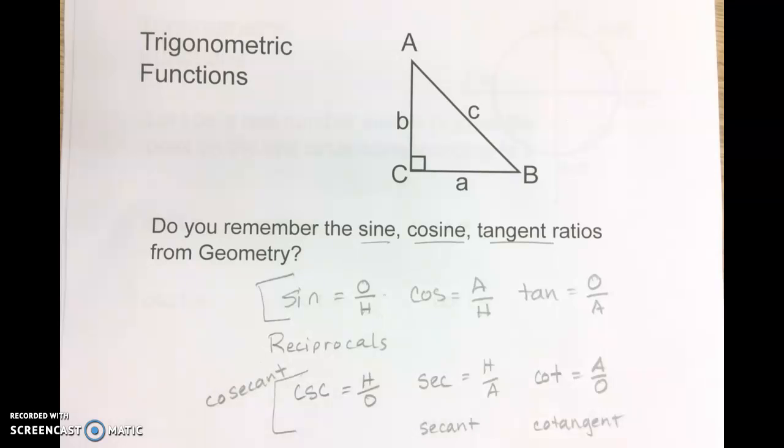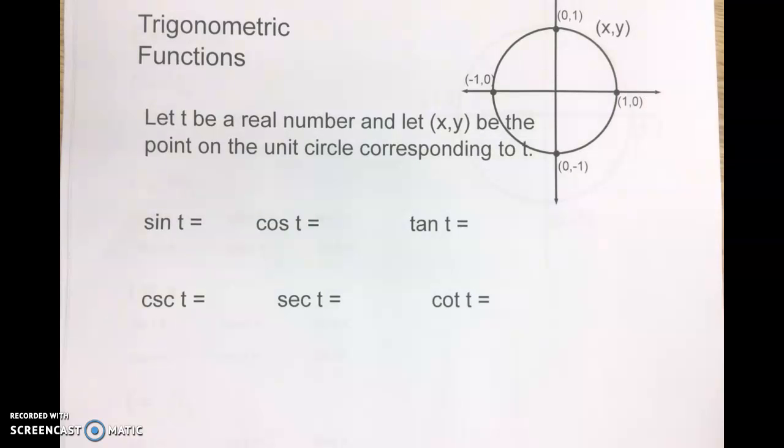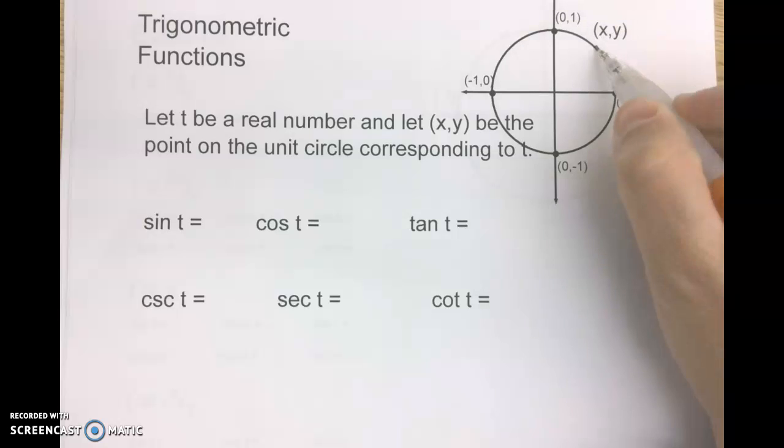And so we're going to find these ratios for angles that are within the unit circle. Just to get a general idea and set up some formulas for us to use, we've got this random point here at (x, y).